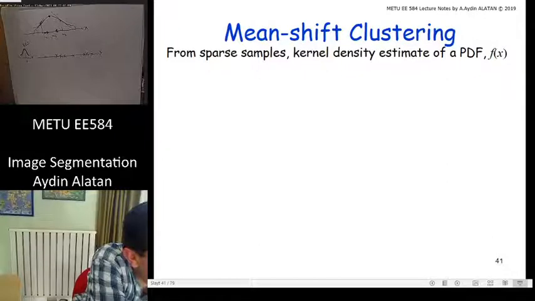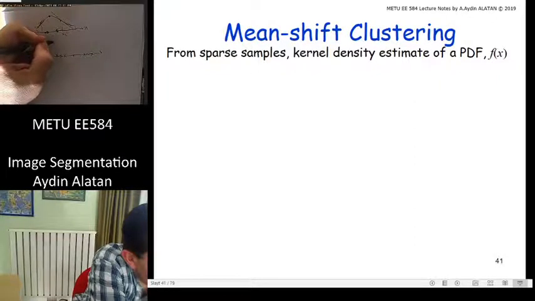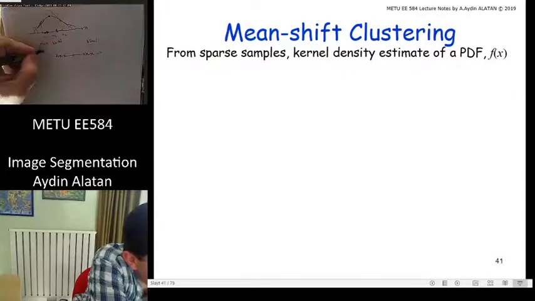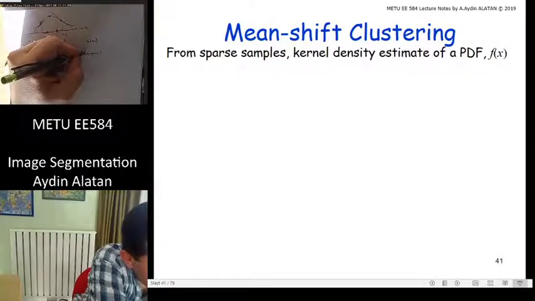Now, what you're going to do is you will just have the shifted versions, K(x - x1), K(x - x2), up to K(x - xn), and you just plot these things like that.